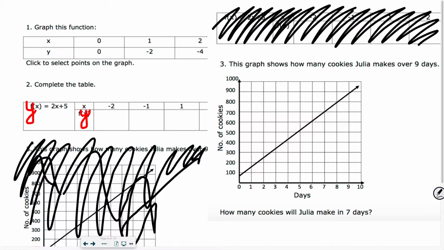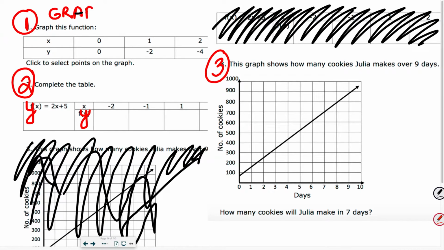So there's 3. Let me explain all my numbers. For number 1, you're going to make a graph for a function in the table. For number 2, you're going to complete the table. It just says y equals 2x plus 5, and then these are the x's on top, and that's the y. Where you see f of x, that just means y.